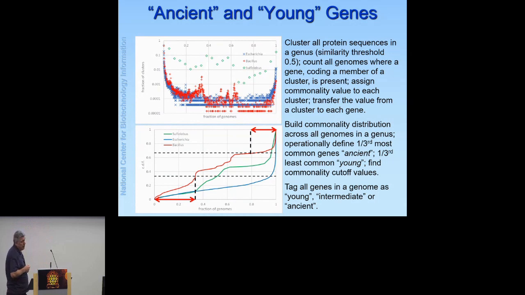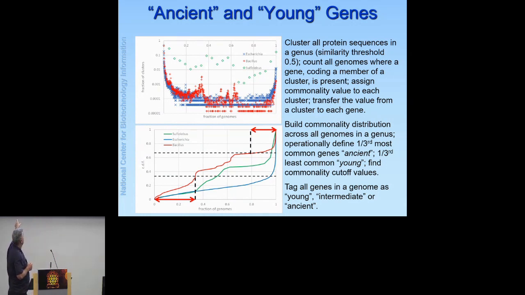In between, of course, depending on the specific group you are talking about, there could be peaks and valleys there. So what we do here, we take a genus, formally taxonomically defined genus of microbes. We cluster all protein sequences encoded in those genomes using similarity threshold 0.5. We build those commonality curves, and from that, we build the distribution. Now, this curve is by gene families, in our particular case, by clusters.